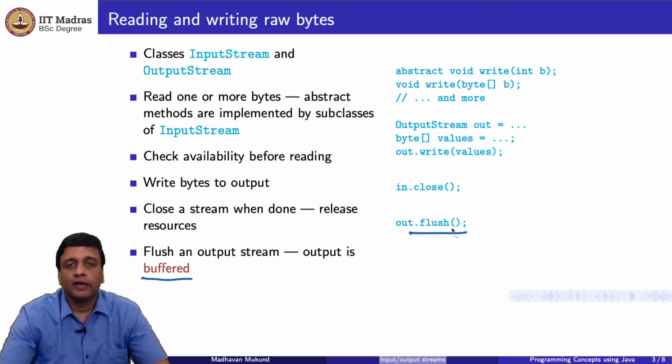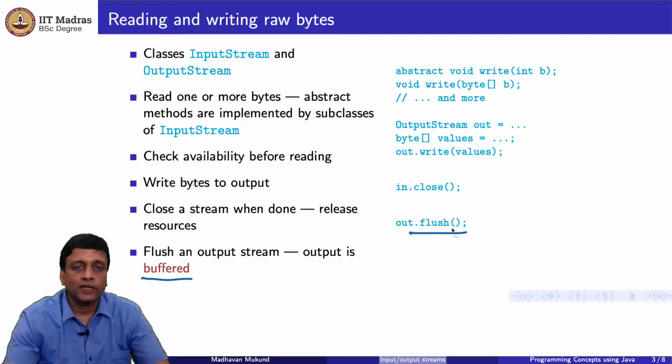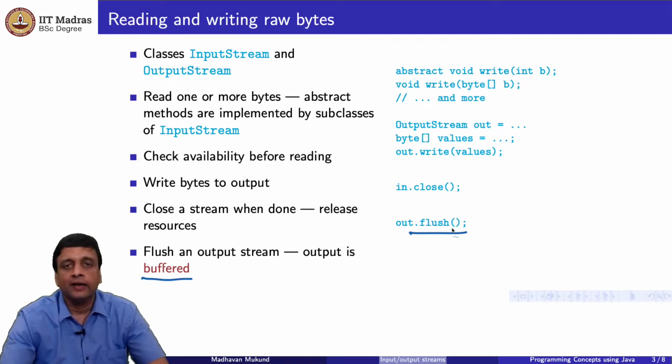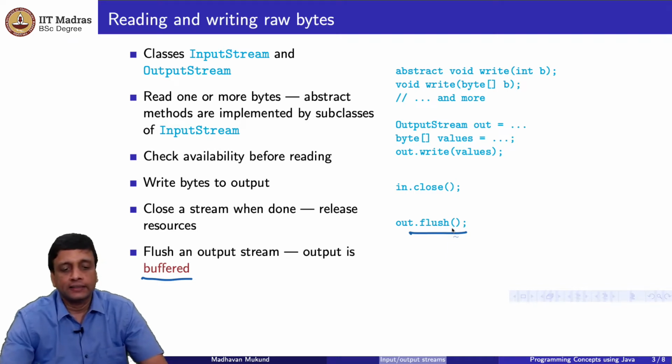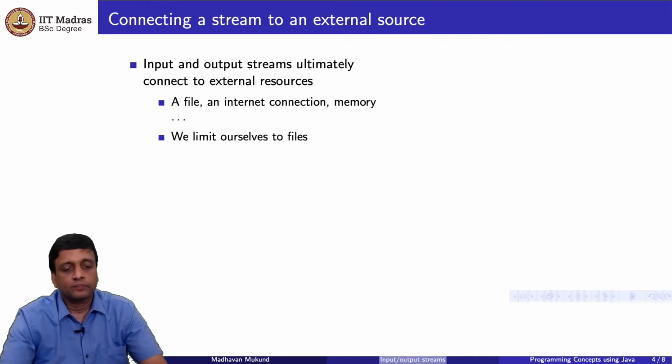So if you really want the information that is in the buffer to go out immediately, then you can call flush. So close and flush are two operations which are not directly related to putting out specific data, but to making sure that you have released the resources or you have emptied out the buffer of pending writes. So this is as far as reading and writing raw bytes are concerned.